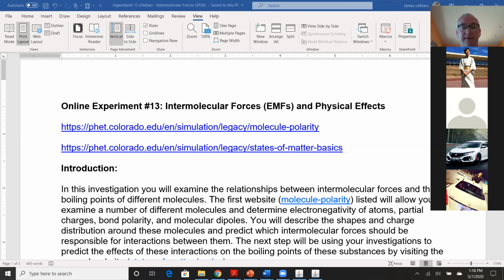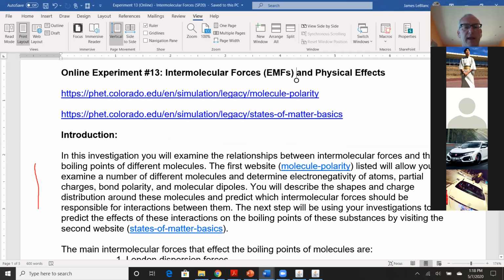So the first site we're going to look at is just looking at the polarity of molecules.